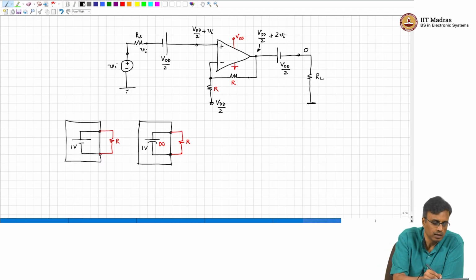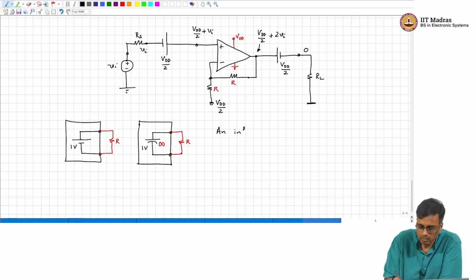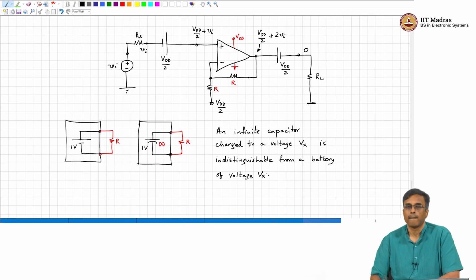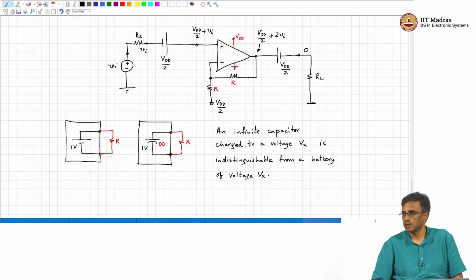An infinite capacitor charged to a voltage Vx is indistinguishable from a battery of voltage Vx. Does it make sense?